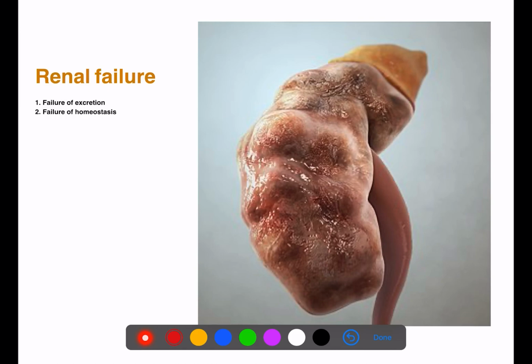So the specific gravity becomes 1.008, and this phenomenon is called isothenuria, which means the specific gravity of urine equals the specific gravity of blood plasma.